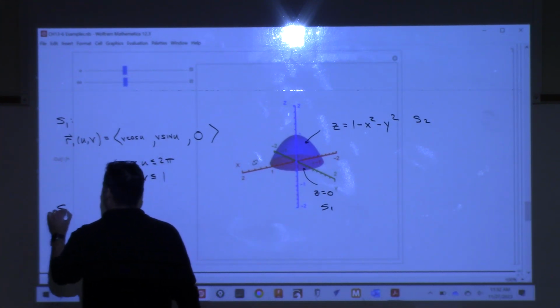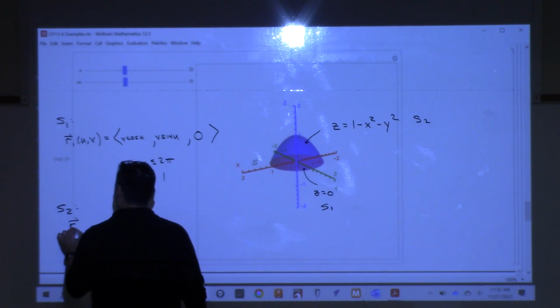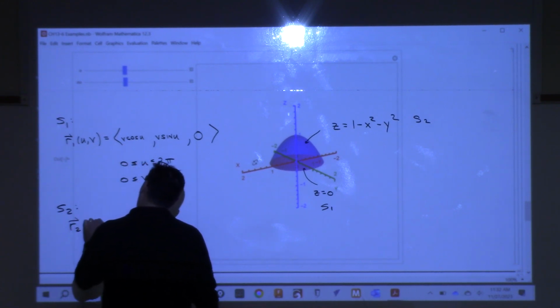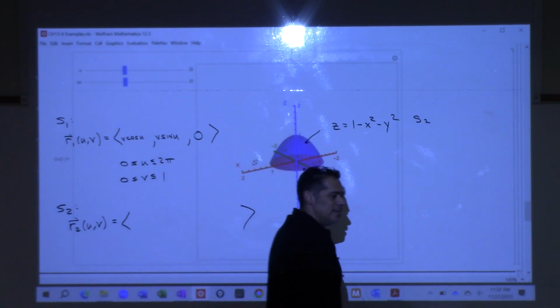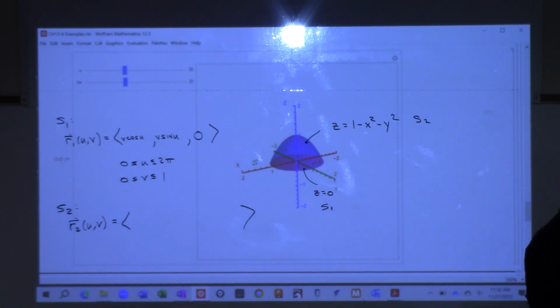Now S2, this is the interesting one, because S2 is essentially the same disk, except that your Z is like you're pulling it up, right? You're pulling that disk up and creating this bulge out of it. So I still need to draw a disk.